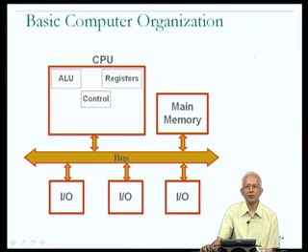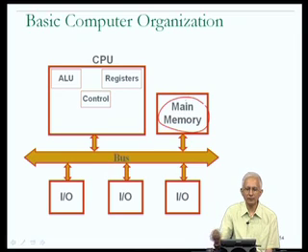So at this point, our picture of the basic computer organization looks like this. You've noticed that I've replaced the term memory in this block by main memory. From now on, whenever I refer to this block, I will use the term main memory, because we know that the word memory is a more general term which could refer to anything from paper to a VCD to something like this main memory.